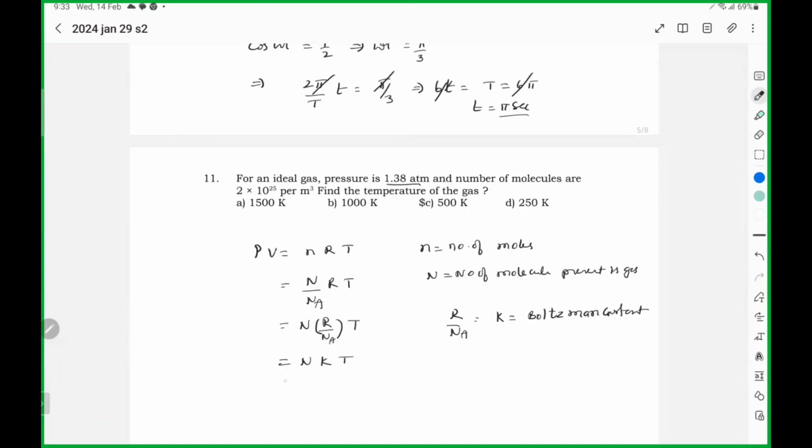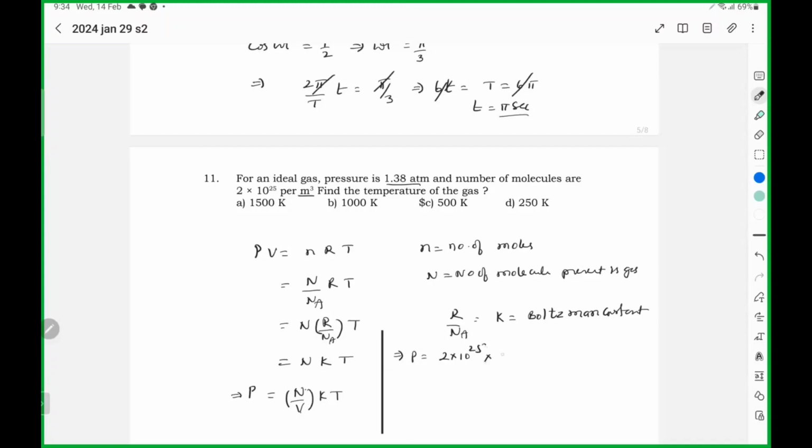Sorry, not N. This I can write as P is equal to N by V k T. He has given the number of molecules per unit volume, that means molecules per unit volume, as 2 into 10 power 25.